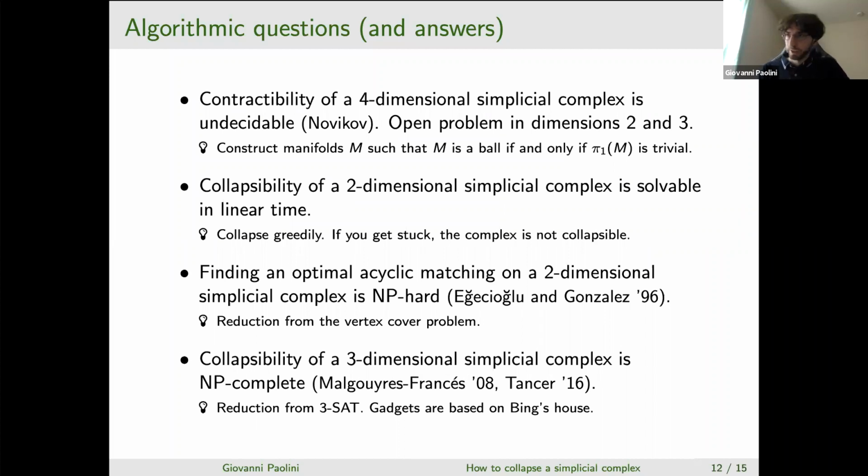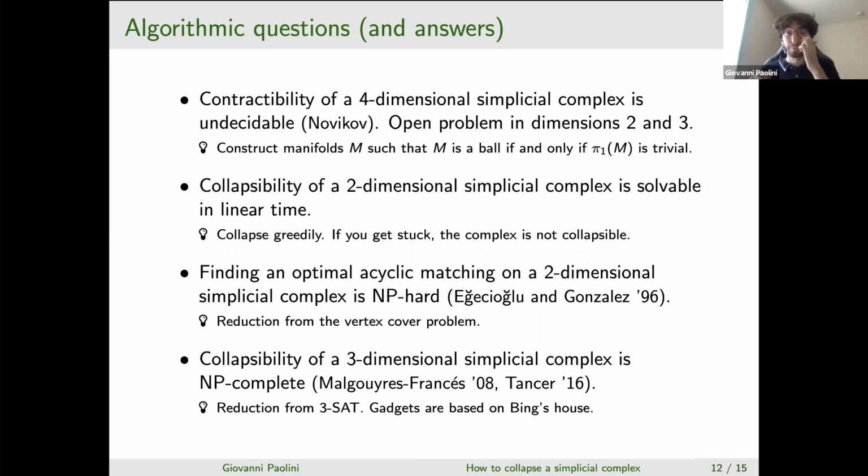I will not go into that in detail, but I should mention that not only is checking if a three-dimensional simplicial complex is collapsible to a single vertex NP-complete, but also checking if a three-dimensional simplicial complex collapses onto some one-dimensional subcomplex.